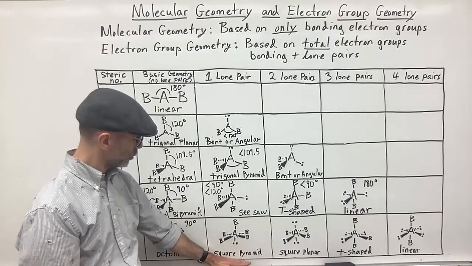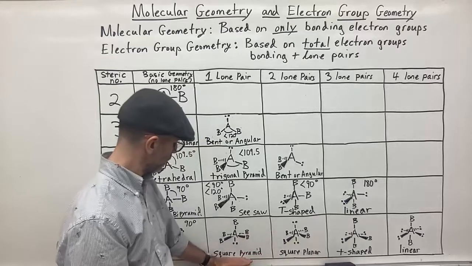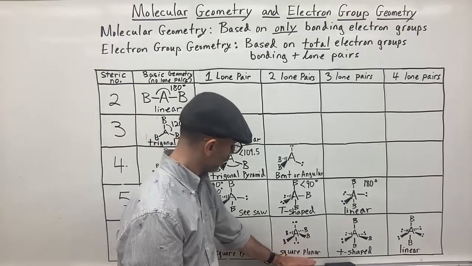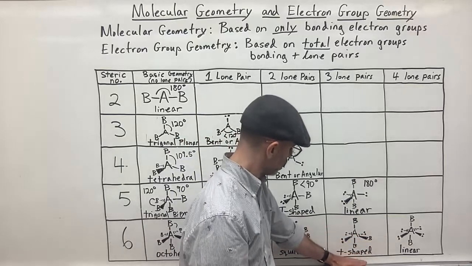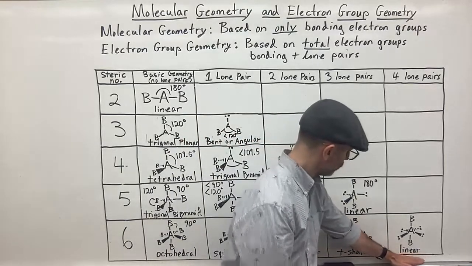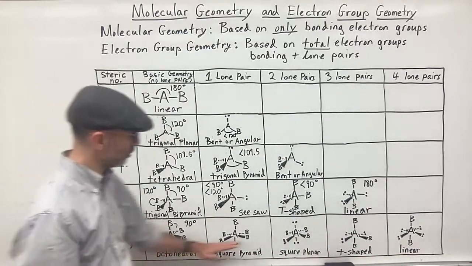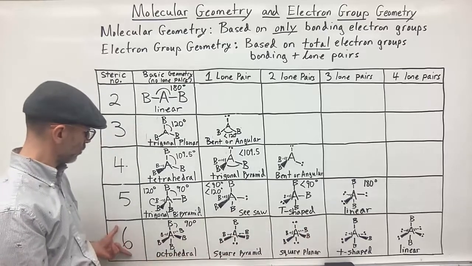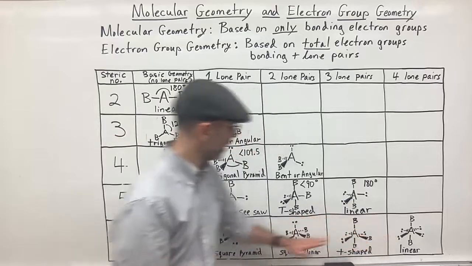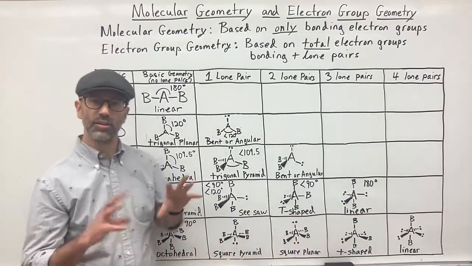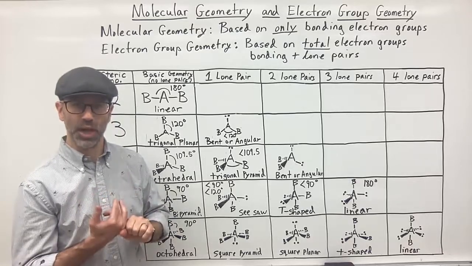So this one, the molecular geometry is square pyramid. The molecular geometry for this one is square planar. The molecular geometry is T-shaped here, and the molecular geometry is linear. But for the electron group geometry, it's all the same because they all have 6 electron groups. So all of the electron group geometries for these is going to be octahedral. So that's the distinction between molecular geometry and electron group geometry.